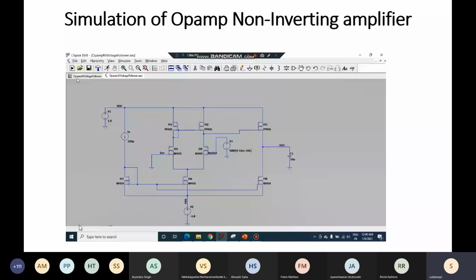That means the minimum and maximum value over which you should apply the input. If your input goes beyond that limit, then your transistor amplifier is not guaranteed to work in a well-defined manner. It might either leave saturation and go into triode or cutoff, depending on which way it is going.